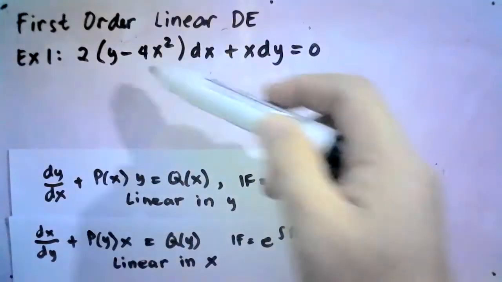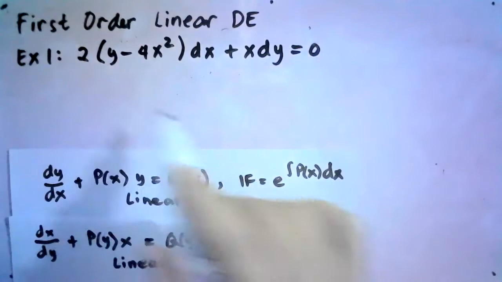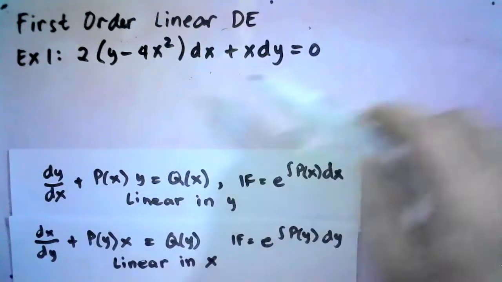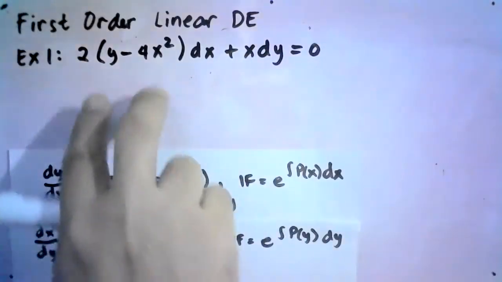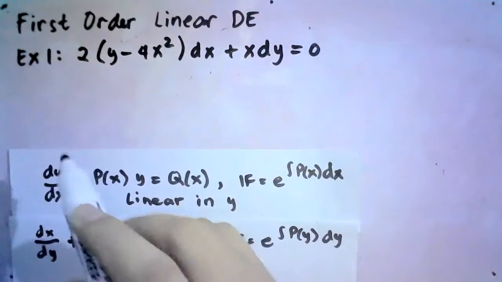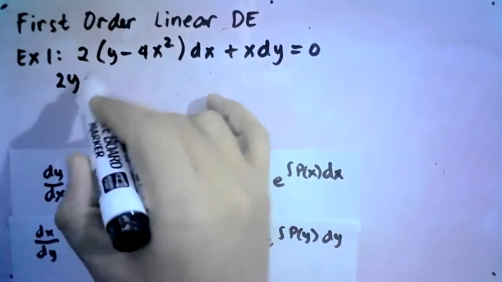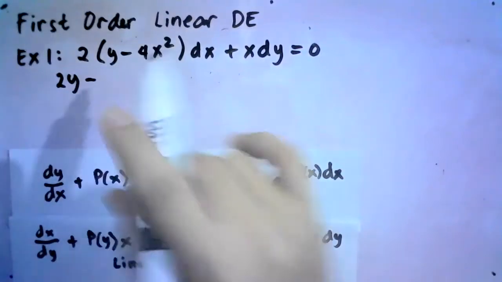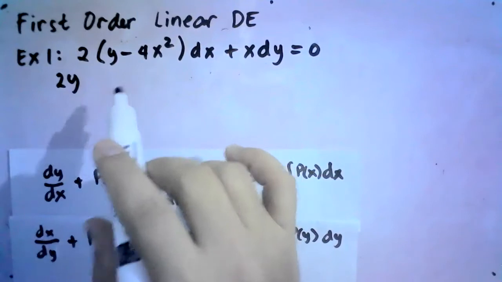So by rearranging this equation, by the way, if you will use dy over dx, then you have to transfer this one to the other side. Okay, we will just try to solve this one. 2 times y, that is 2y, minus 2 times 4. Okay, I will distribute the x.